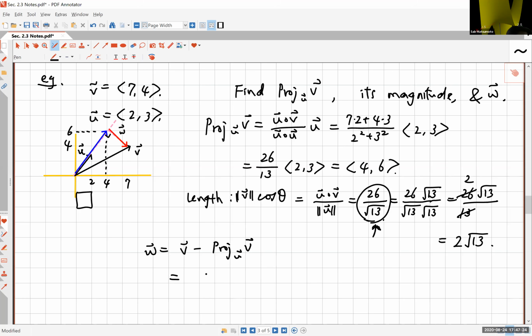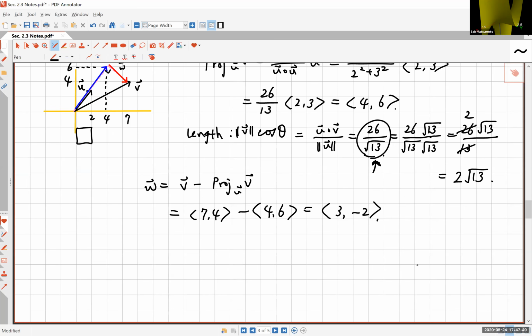V is 7, 4. And the projection turns out to be 4, 6. Take the difference, okay? And you will see that it's 3, -2. And the picture seems to tell you that it should be like 3, -2. And that is the correct answer.